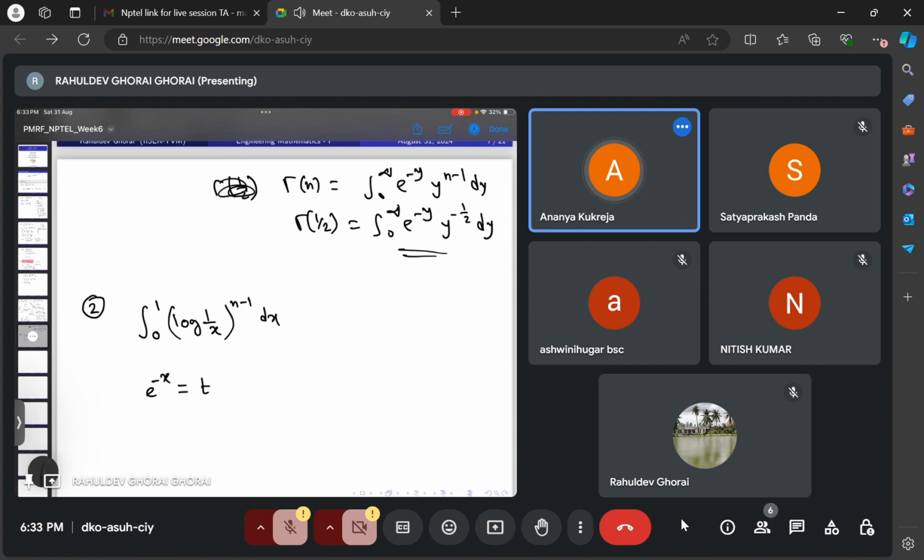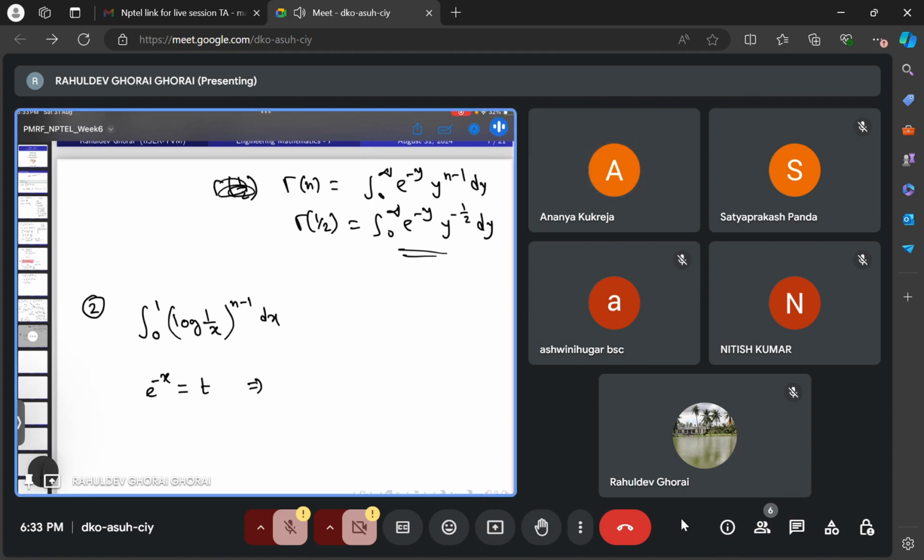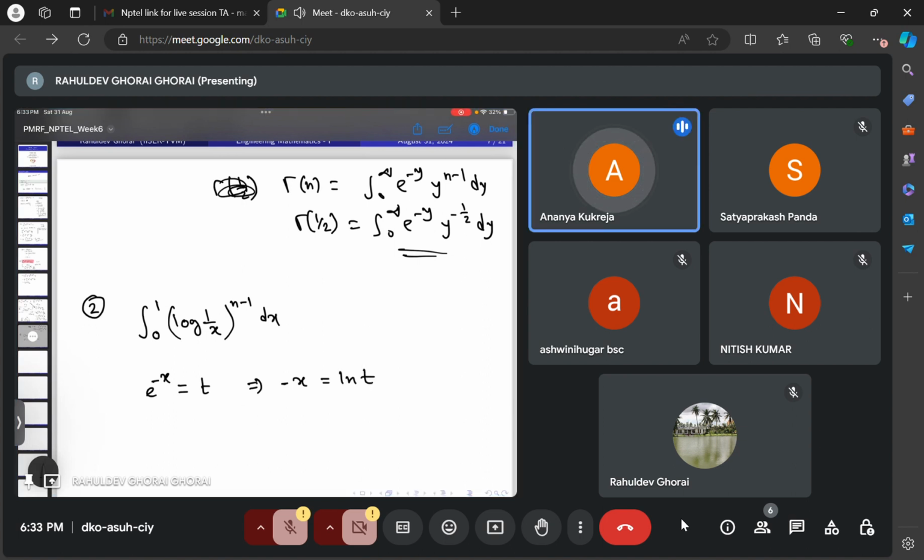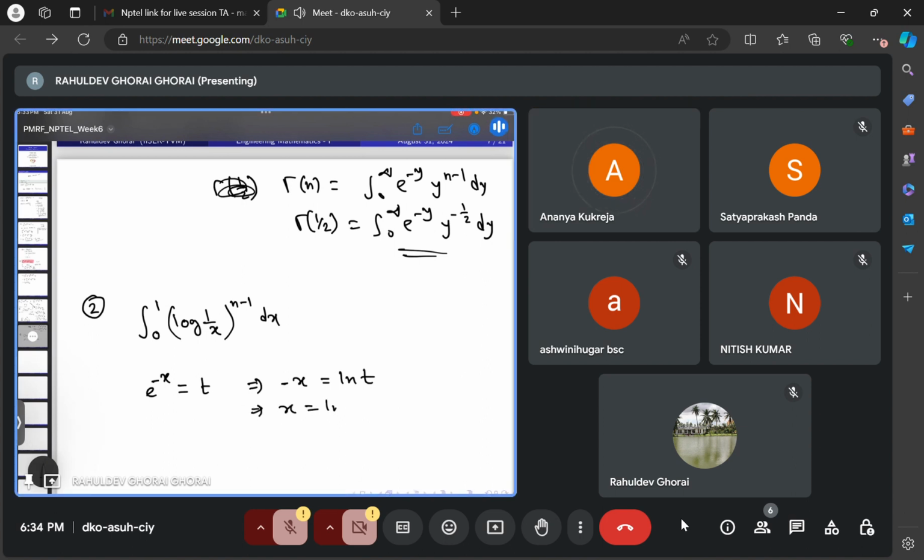Then that will give you minus x will be ln t, right? And we can also write this as x equal to ln 1 over t.